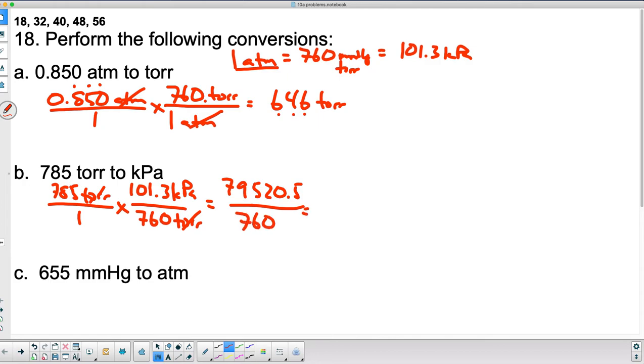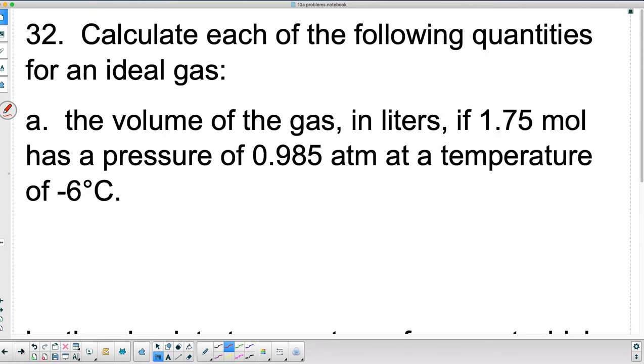And what do I get after I divide by 760 torr? I get 104.6. If we're looking at 3 significant figures in the beginning, I should limit to 3, so that would be 105 kPa. Okay, that's how you do all of them. We're just converting between the two pressures. So that's good stuff. Let's keep moving.